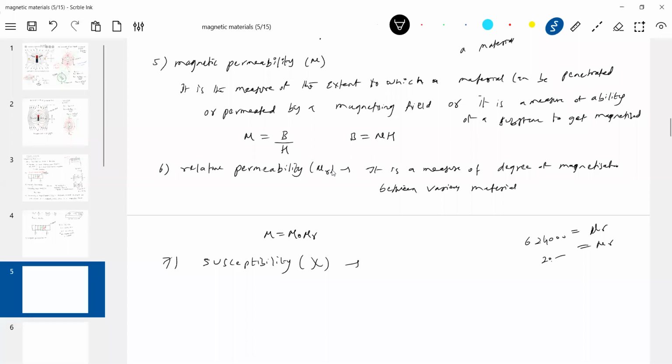Again, it's a measure of the ability of a substance to take up magnetization. It's similar to the earlier one, but it tells us very clearly in what direction Bm is.